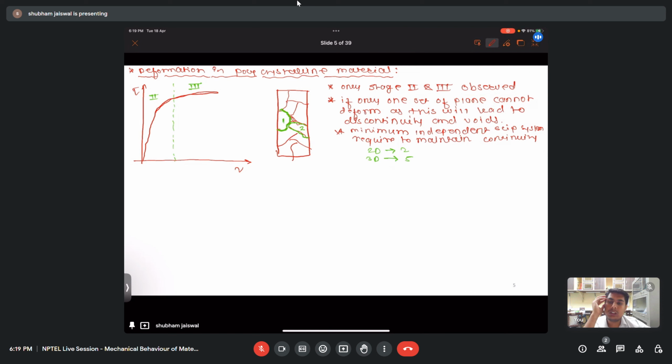Okay, so this is about the deformation in polycrystalline material.